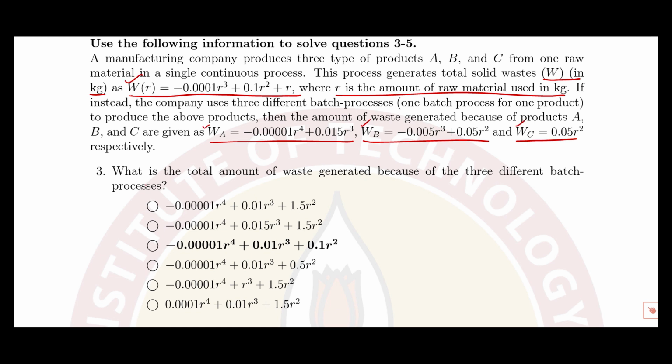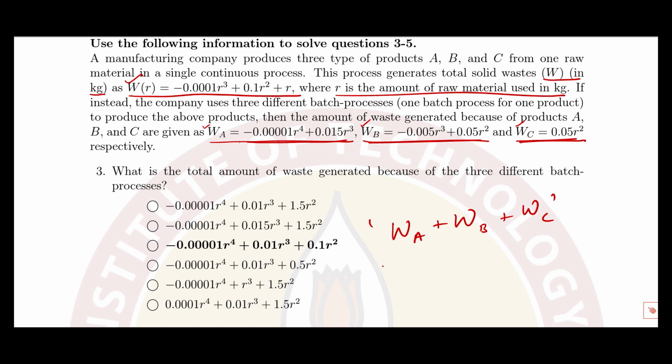Now we are asked what is the total amount of waste generated because of the 3 batch processes. It is sufficient to add: the total amount of waste generated will be nothing but W of A plus W of B plus W of C. If we add all these 3 polynomials, we get the required total amount of waste generated.